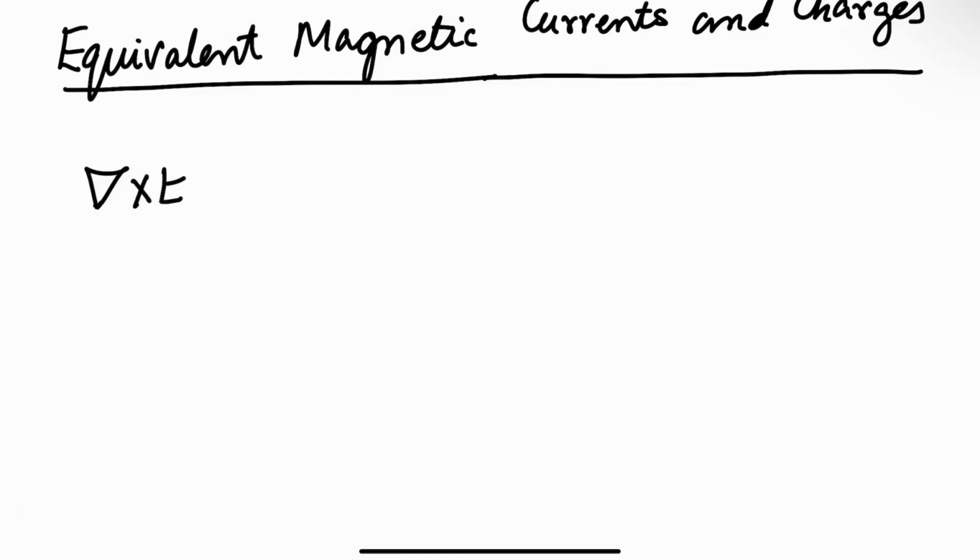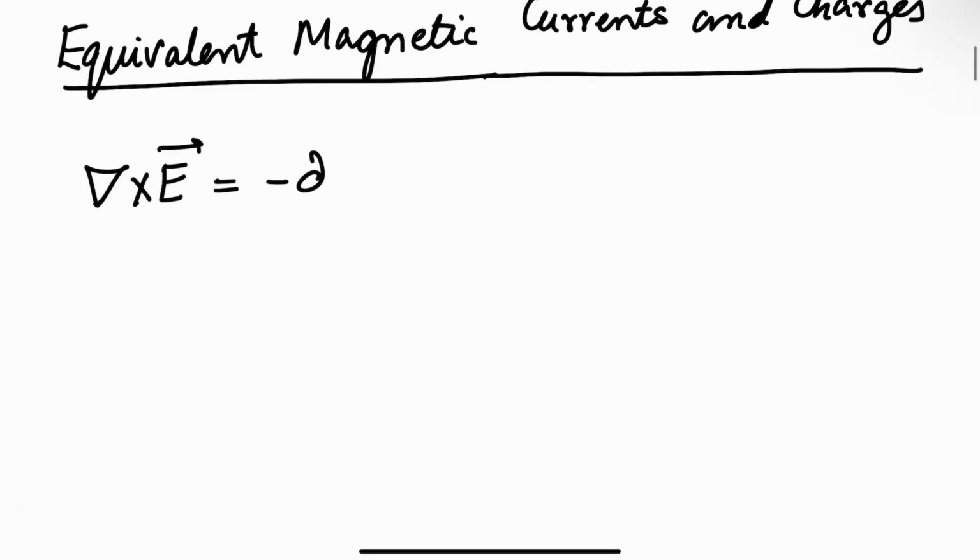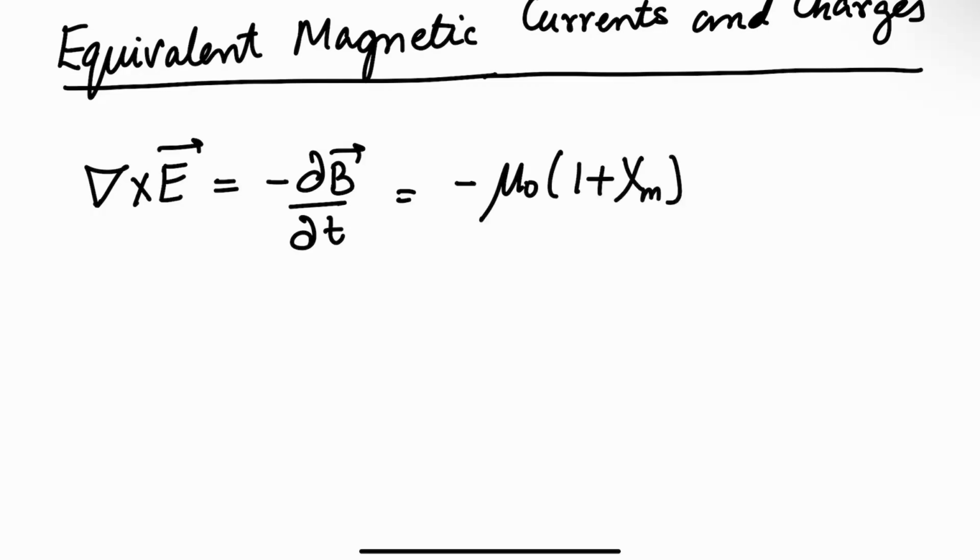We can start with Faraday's law, curl of E, and I can expand this out. This is nothing but minus mu naught plus chi m, dH over dt, in an isotropic and homogeneous medium.